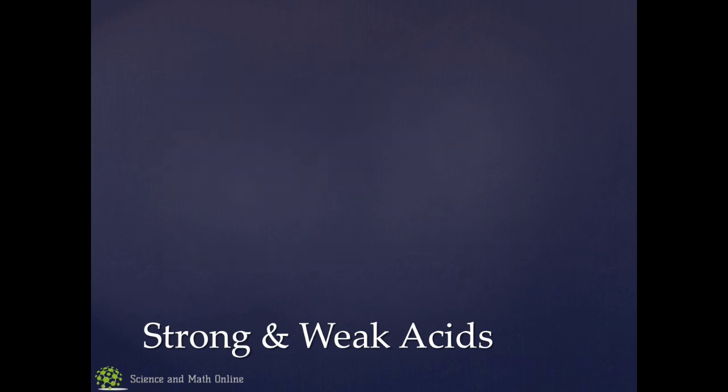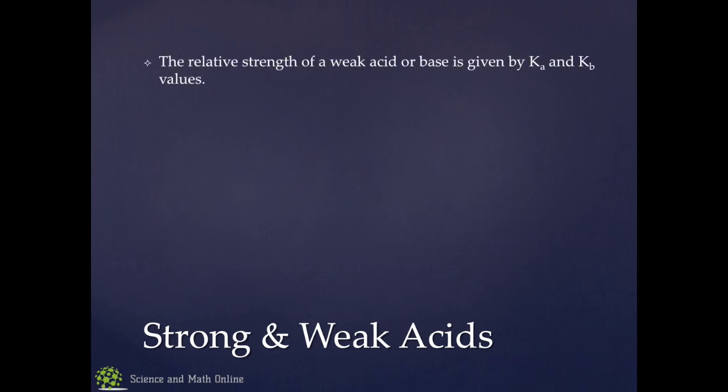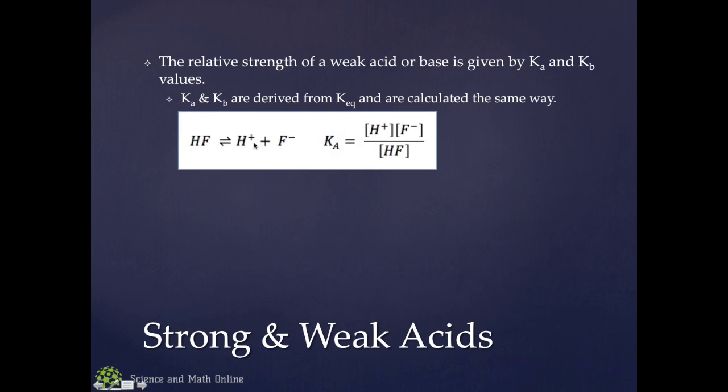So here's what that actually looks like. The relative strength of a weak acid is given by Ka, or Kb for bases. They're derived from Keq, and so they're calculated exactly the same way. So it's going to be products over reactants, just like with Keq. If there were any coefficients here, there would be exponents over here, just like Keq.